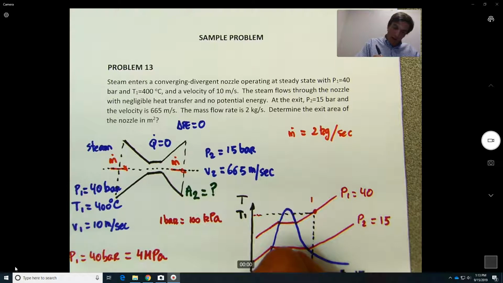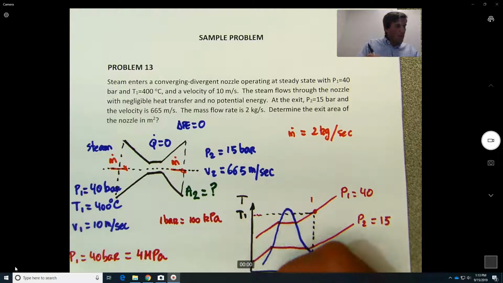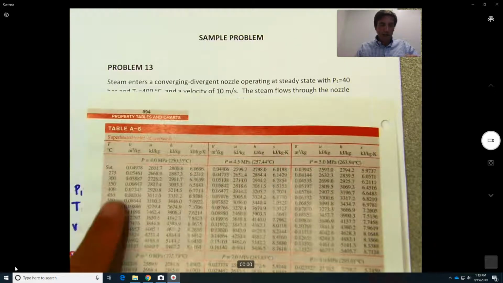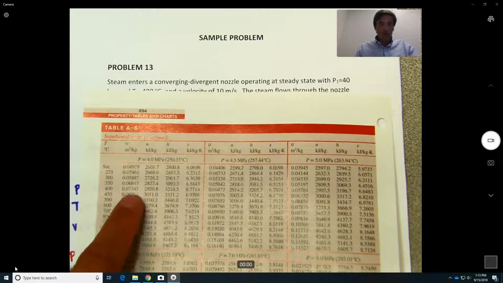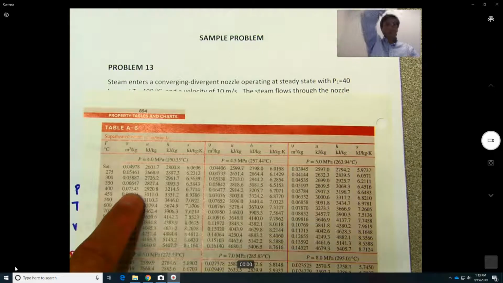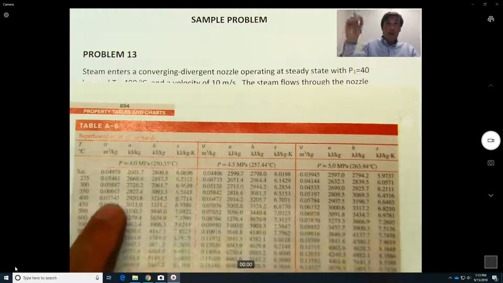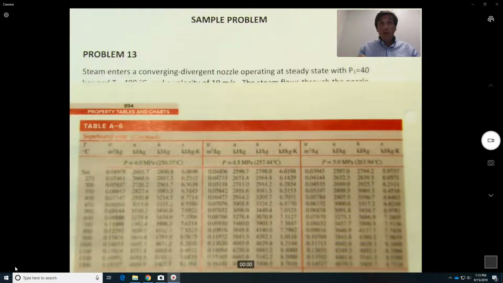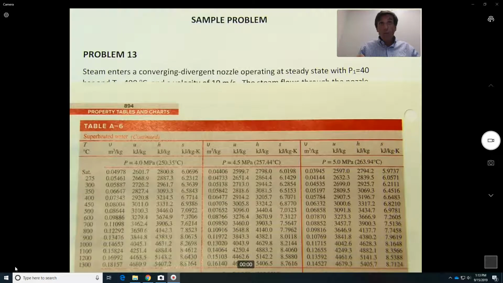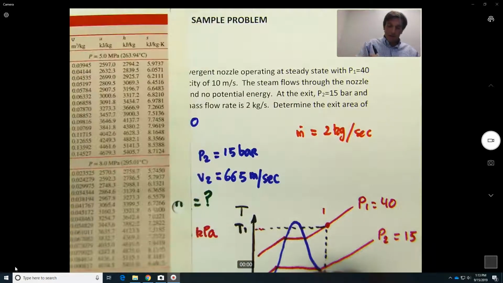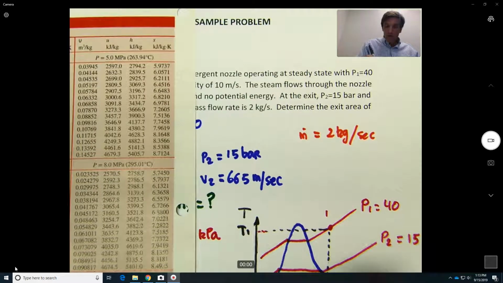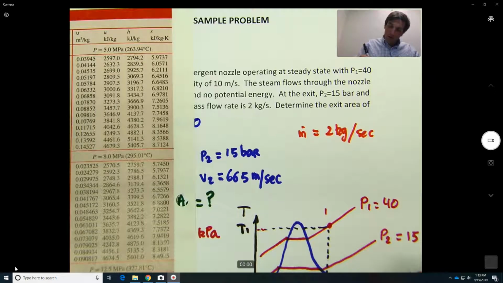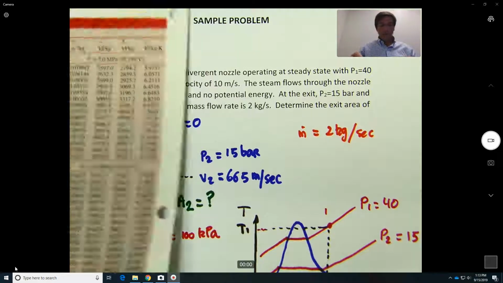So we have V1 equal to 0.07343 cubic meters per kilogram.